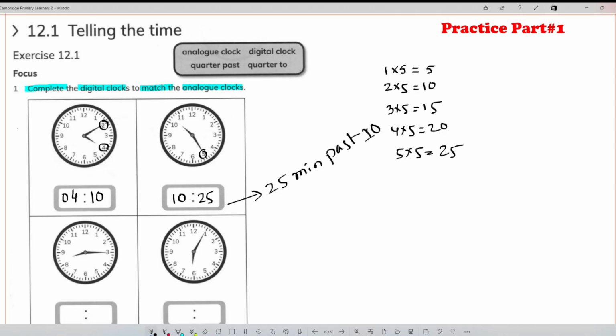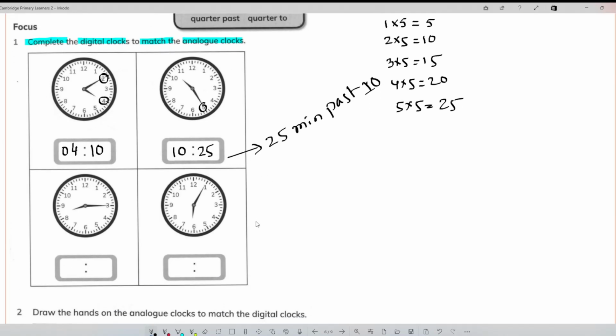Okay, next, here the hour is in the middle of 9 and 8 but not 9, so we can say this one is 8, and the minute on 3 means 3 times 5 is 15.